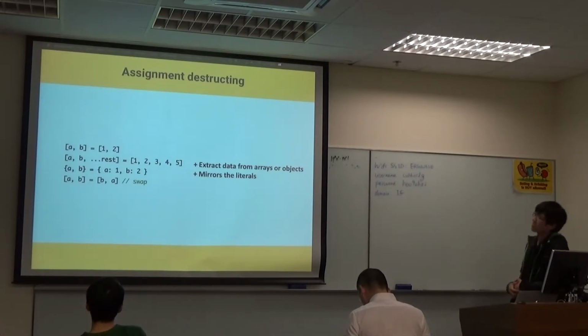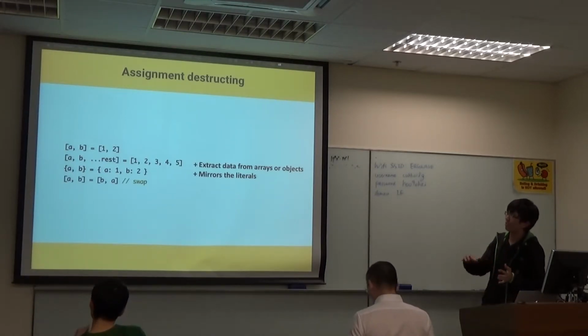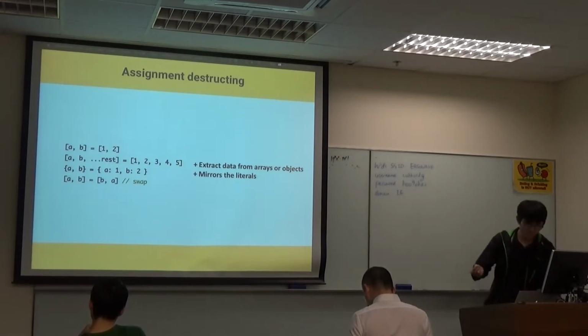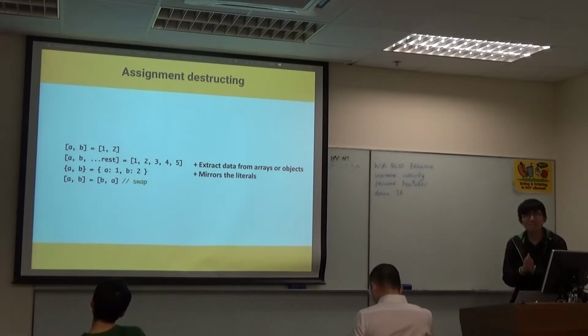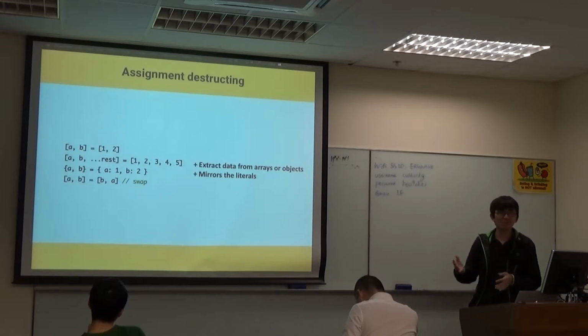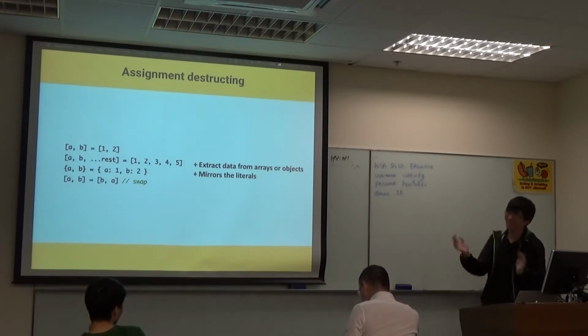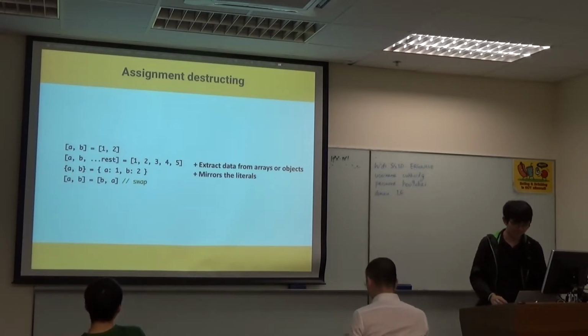The next is assignment destructuring. It's a little bit like the previous spread operator. Still, there is some difference. But again, you have to check the compatibility of this feature because it's still not well supported by some modern browsers and some platforms.